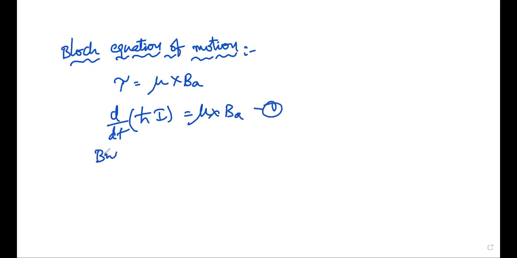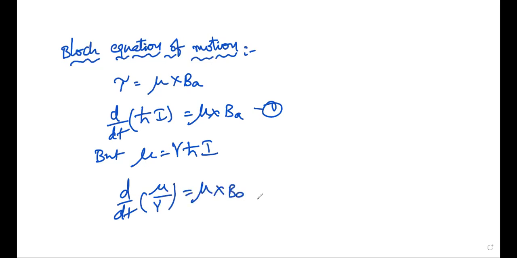But what is the value for mu? Mu is equal to gamma h cross I. So d by dt of h cross I, that is mu by gamma, is equal to mu cross B, where gamma is the magnetogyric ratio.